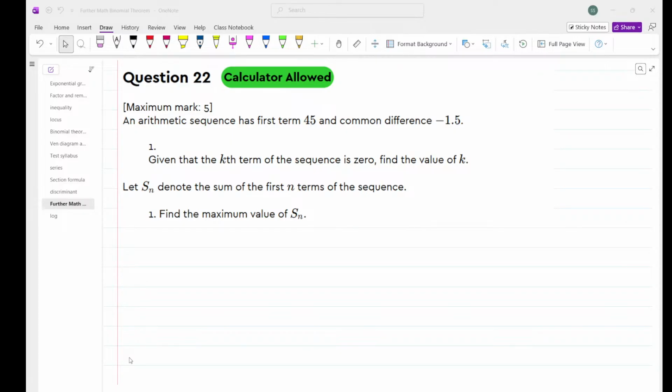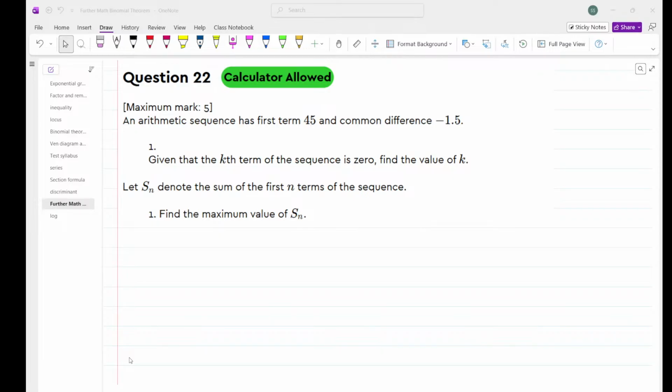First term 45, so A is 45, right? Common difference is minus 3 over 2. Given that the kth term is 0, find the value of k. Okay.